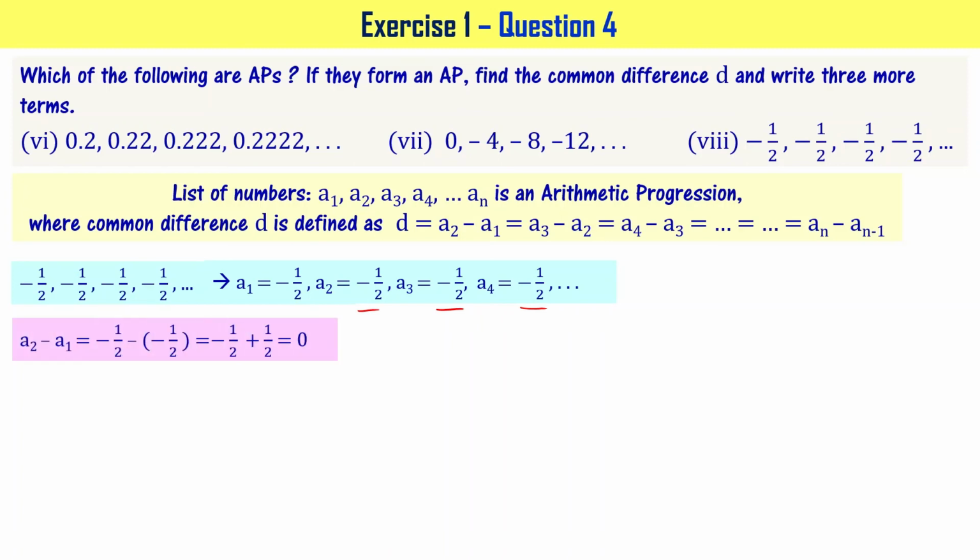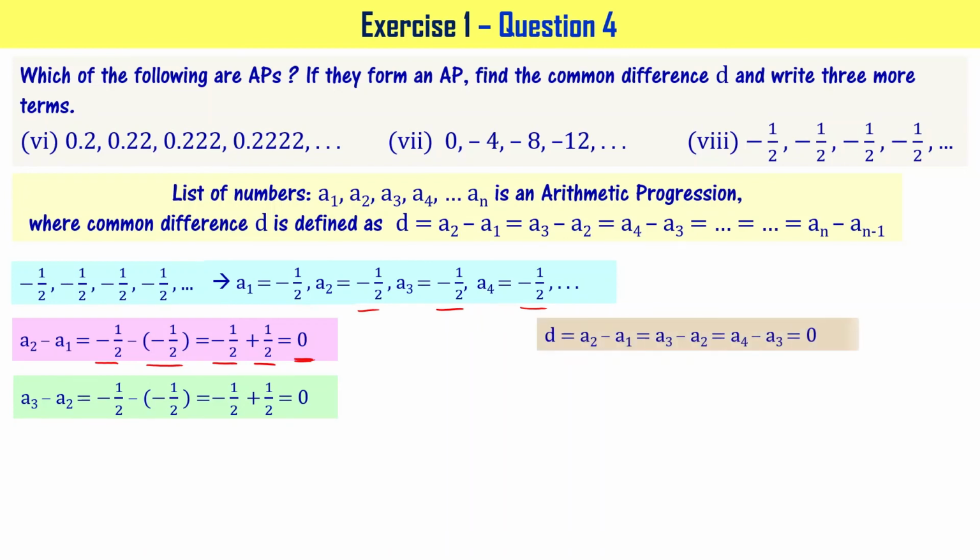A2 minus A1 equal to minus half plus half, that is equal to 0, meaning minus half minus minus half equal to 0. A3 minus A2 is also going to be equal to 0, right? A4 minus A3 is also going to be 0. That's why I have written the fixed number D equal to 0. That is the common difference. That's why this particular series is an arithmetic progression, right?